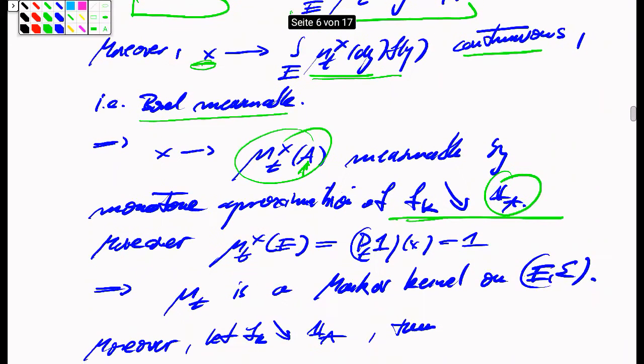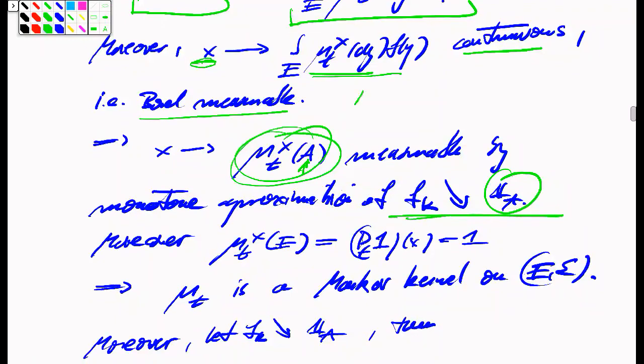By the monotone convergence theorem, this function of x can be understood as the pointwise limit of the corresponding functions obtained by replacing f with f_k. So it is the pointwise limit of continuous functions, hence of measurable functions, and must be measurable.